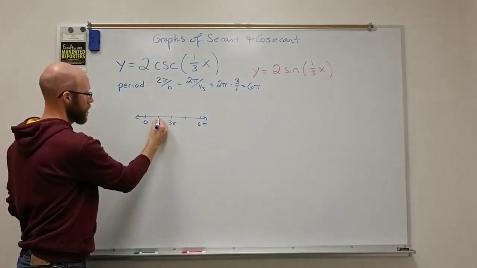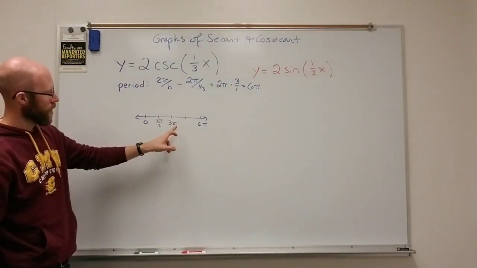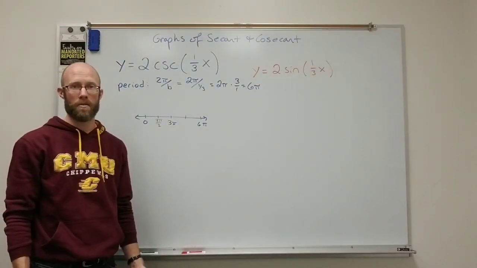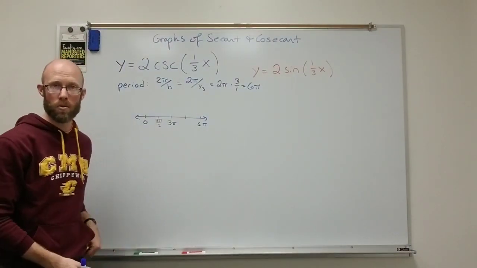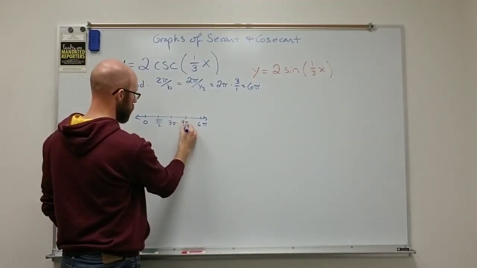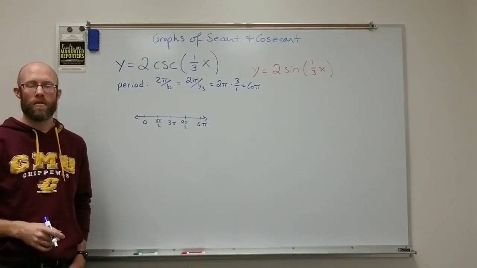Half of 3 pi. And what's halfway between 3 and 6? Well, it'd be, what, 4.5, which is 9 pi over 2, right? 4.5 is 9 over 2. So that'd be 9 pi over 2. And that gives us our 5 key points.